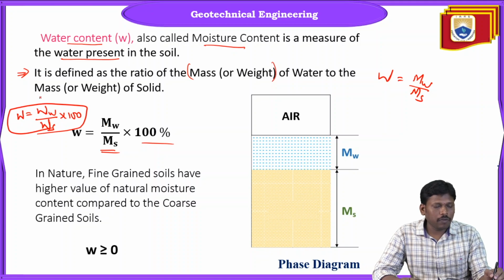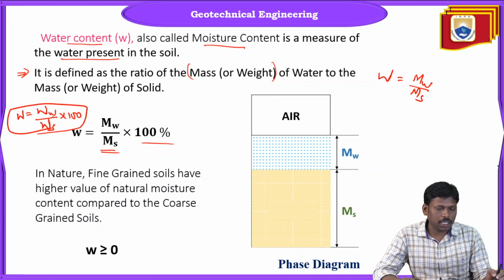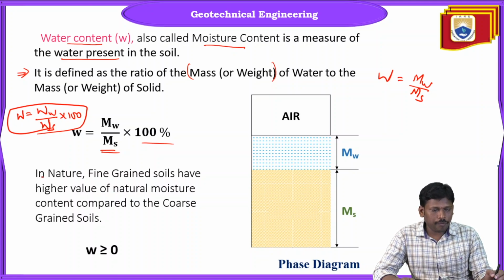The water content we can express in terms of mass densities as well as weight densities, and those are generally expressed in terms of percentages, as we can see in this diagram of the three phases, especially regarding water content.